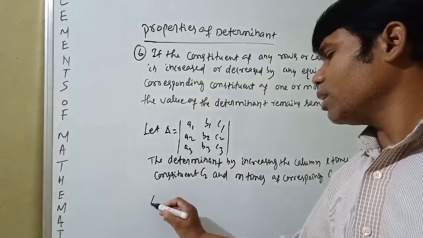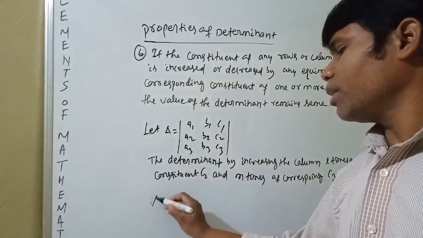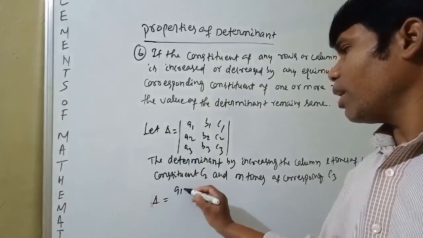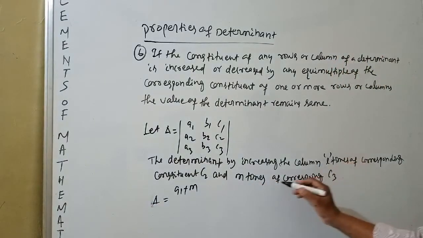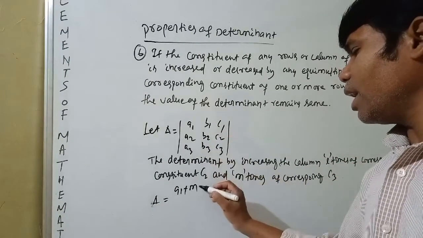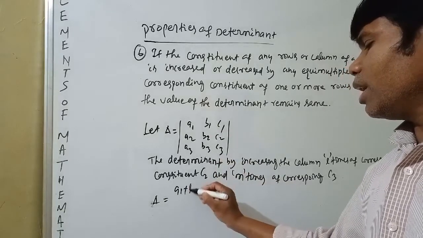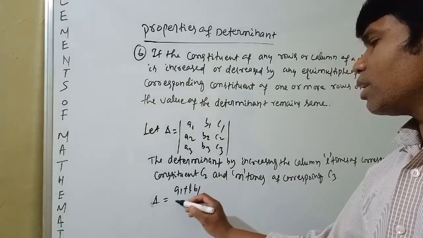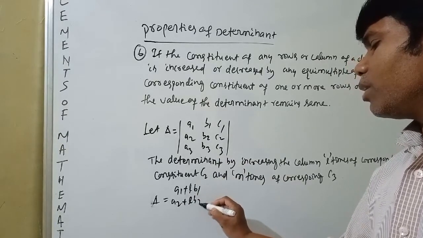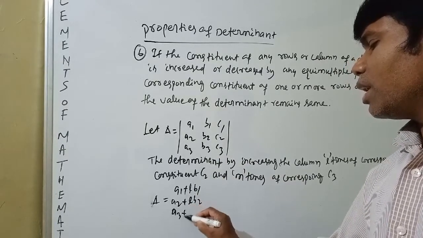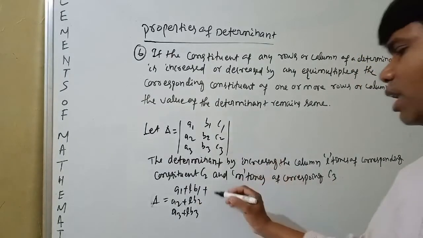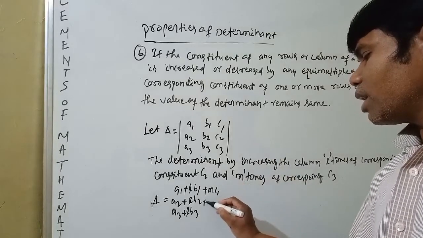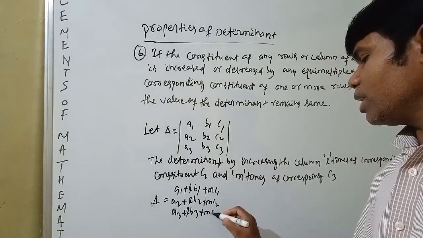Now the determinant becomes A1 plus m times L times the corresponding constituent, that means L into B1, A2, L into B2, A3, L into B3, plus m times of C3, that is MC1, MC2, MC3.